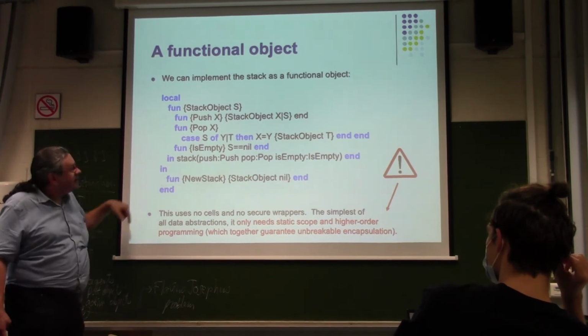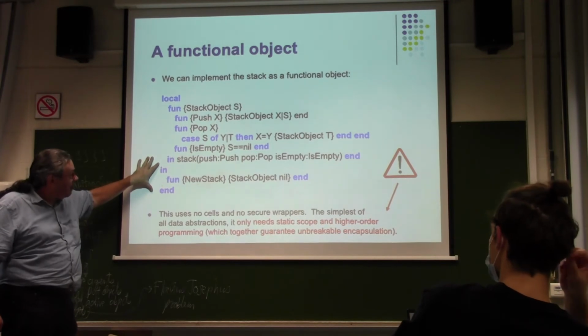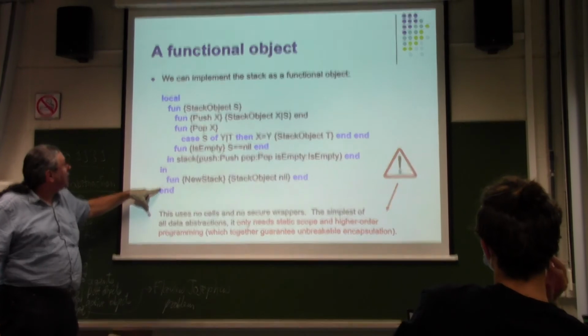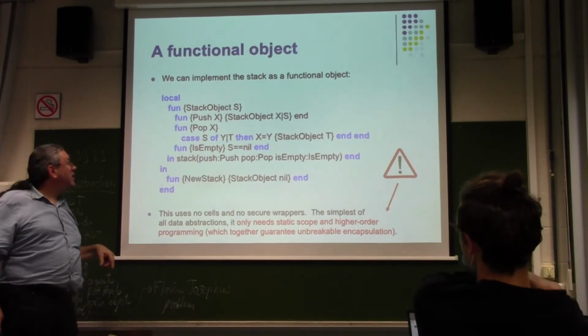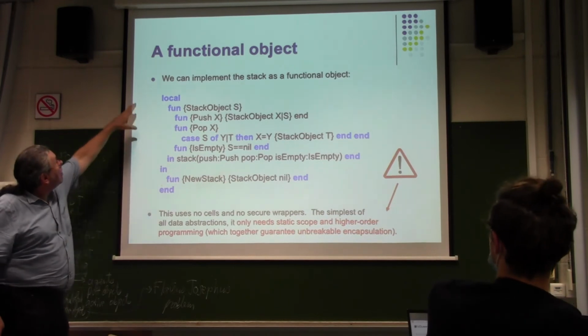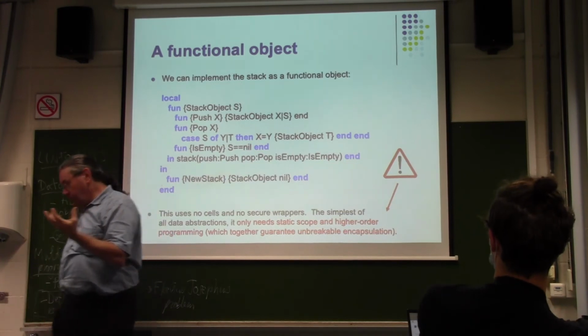But this one does not need any of that. It's just a pure higher order program with static or lexical scoping. That's all it is. It doesn't need any other language mechanism. So in some sense, functional objects are the simplest data abstraction.